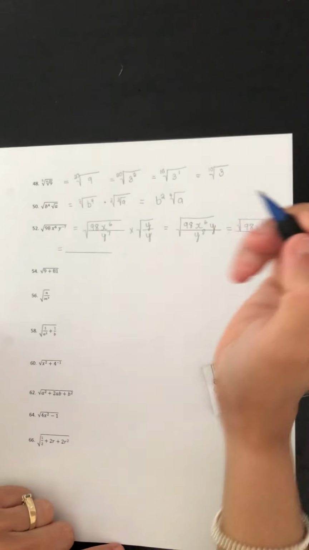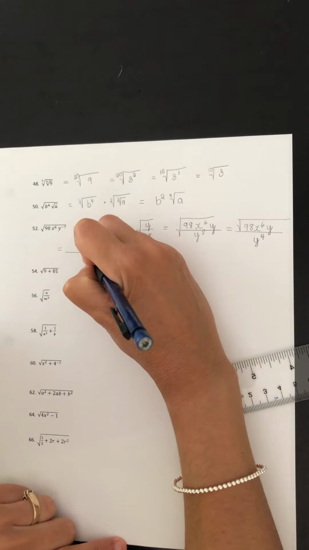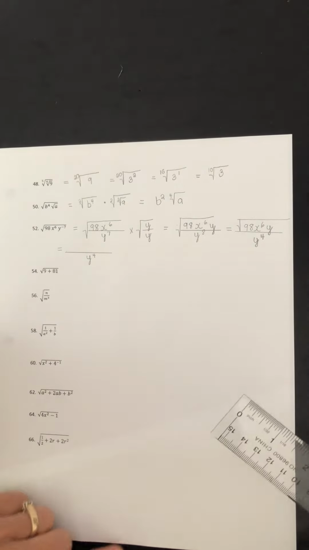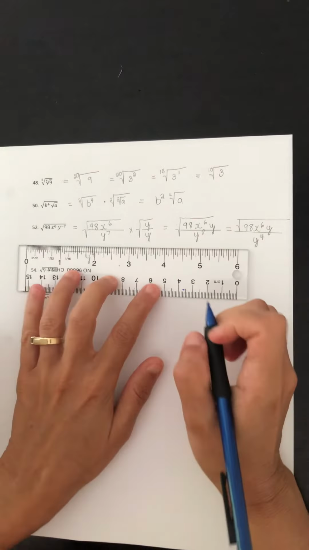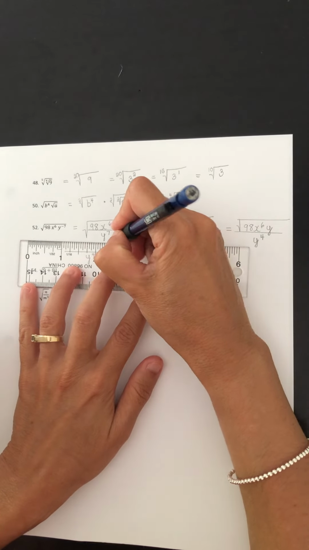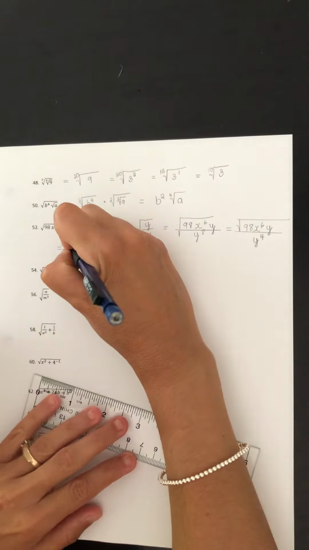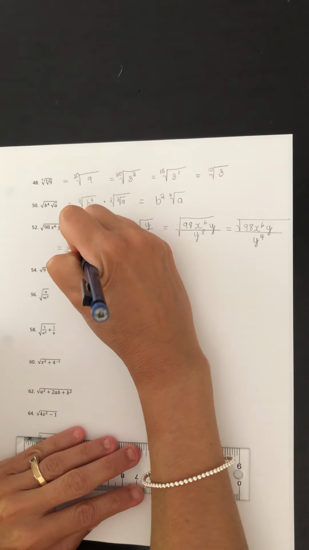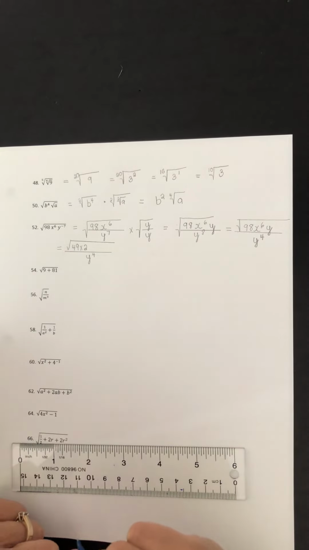So what is the largest perfect square factor of 98? Well, it's 49. So 98 is 49 times 2. 49, of course, is 7 squared.